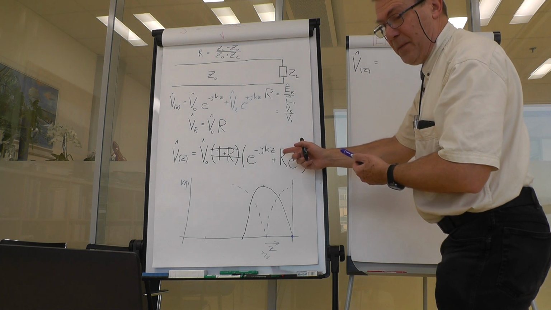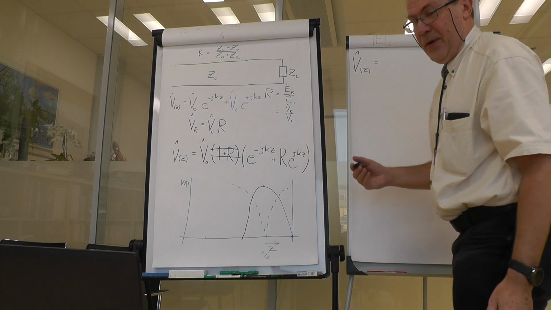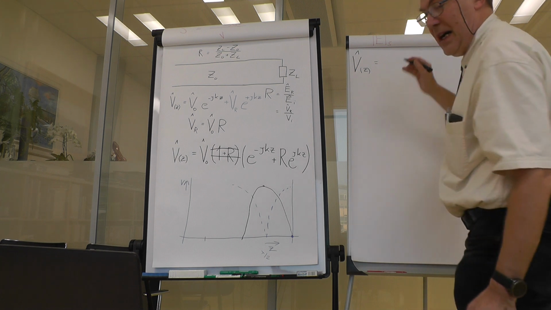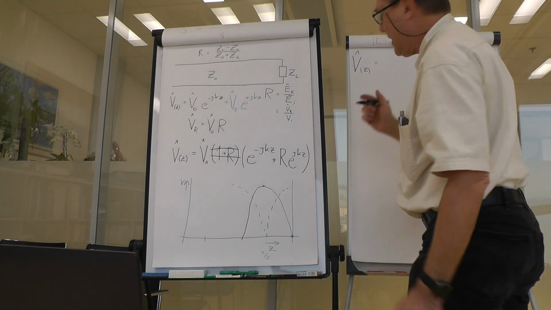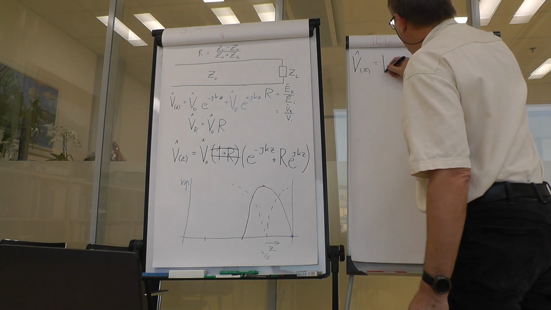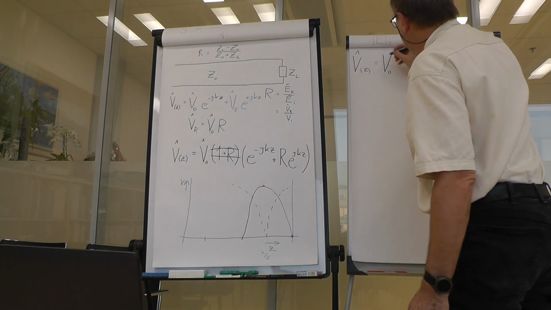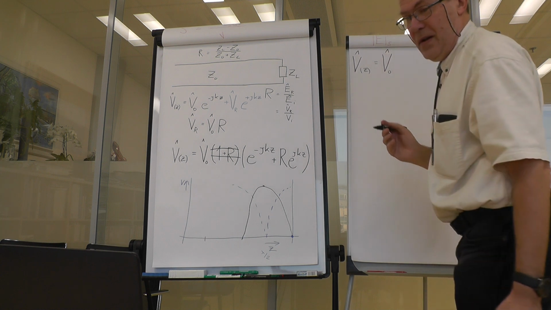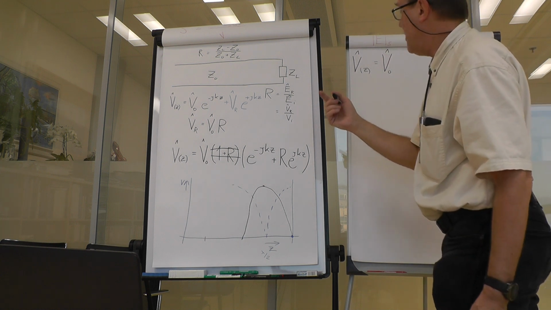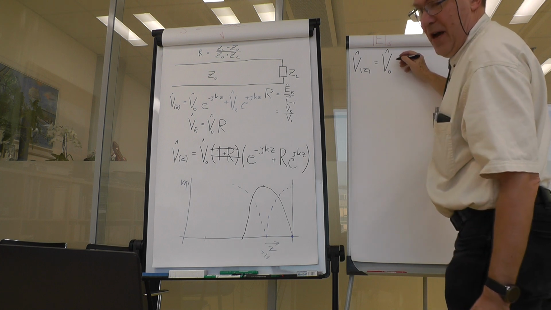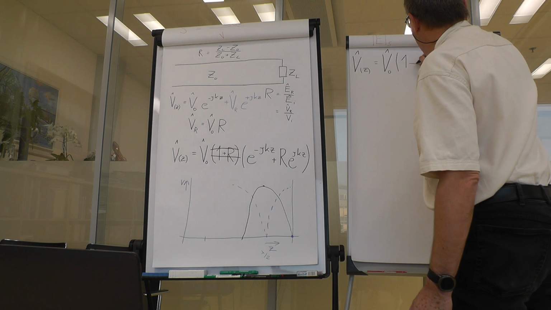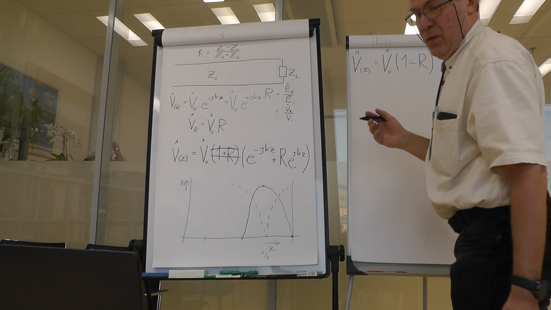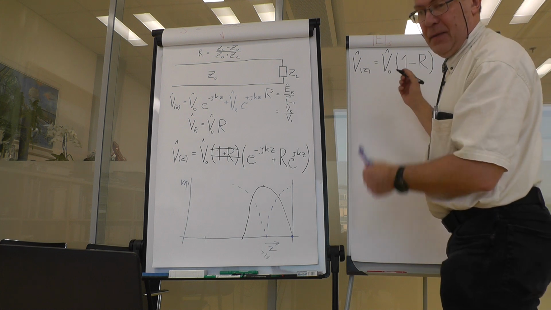It's a complex number. So now we have, let's say, two parts which I would describe in a few whiles. The first one is, of course, proportional to the incoming wave. So V0, that's the incoming wave. And now we have got a simple term, which is 1 minus R, the reflection coefficient.